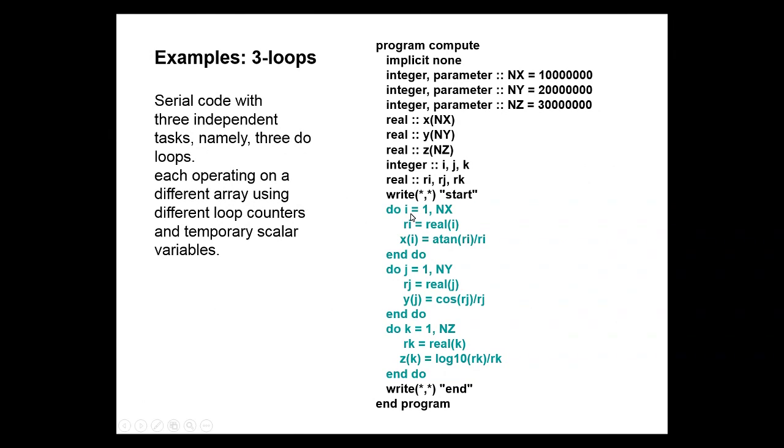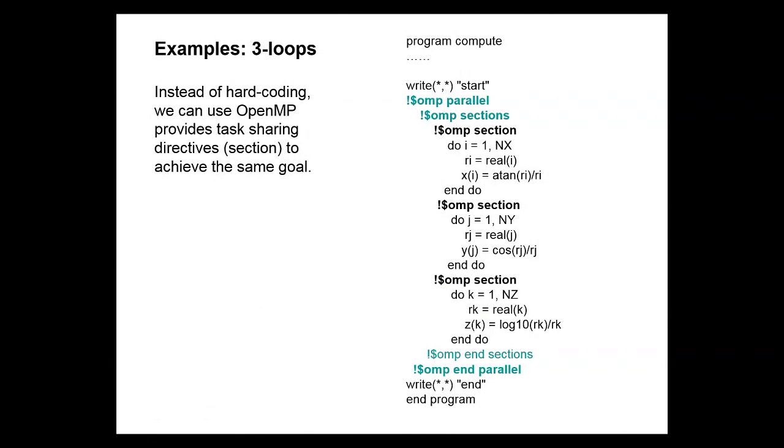However, if each loop's workload is not so different, say they have similar workloads, you can actually let one loop be done by one thread, and the other loop be done by another thread. So that's the other way you can parallelize your code. In this case, we have three do loops, and each of them has a similar workload, and then we can use OpenMP sections to parallelize.